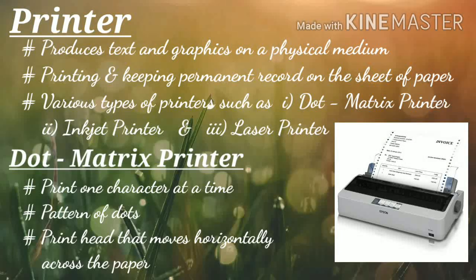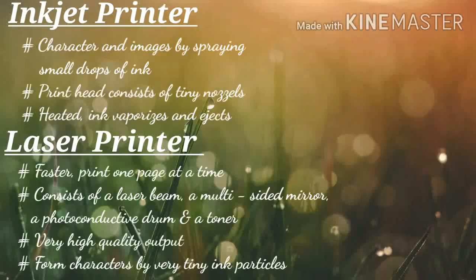Now see about dot matrix printer. These printers print one character at a time. They form characters and images using a pattern of dots. Dot matrix printer has a print head that moves horizontally across the paper. Now inkjet printer.